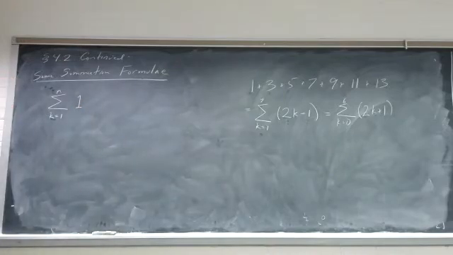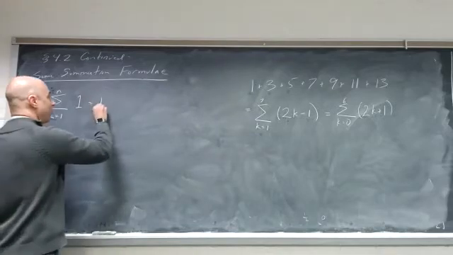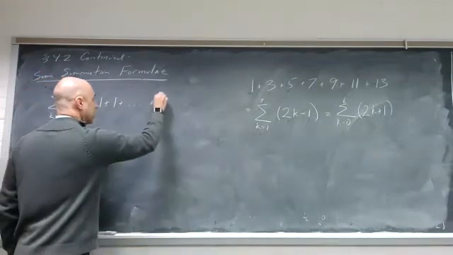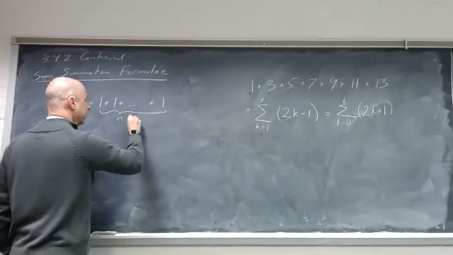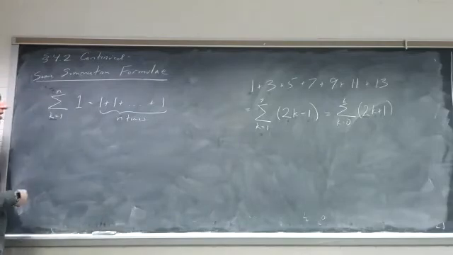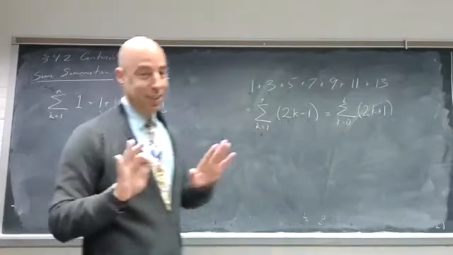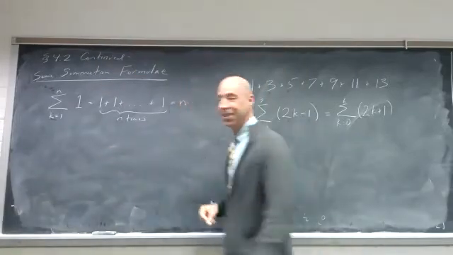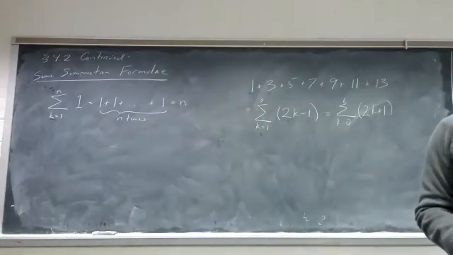So if I add 1 to itself, this is 1 added to itself n times. 1 plus 1 plus 1, there's n of them. This k starts at 1 and goes 2, 3, 4, all the way up to n. If I add 1 to itself n times, this is not going to be mysterious. This, of course, adds up to n. That's not a mystery.